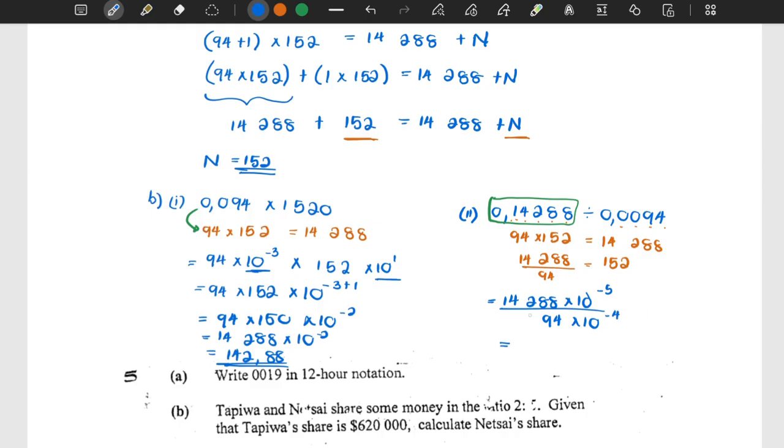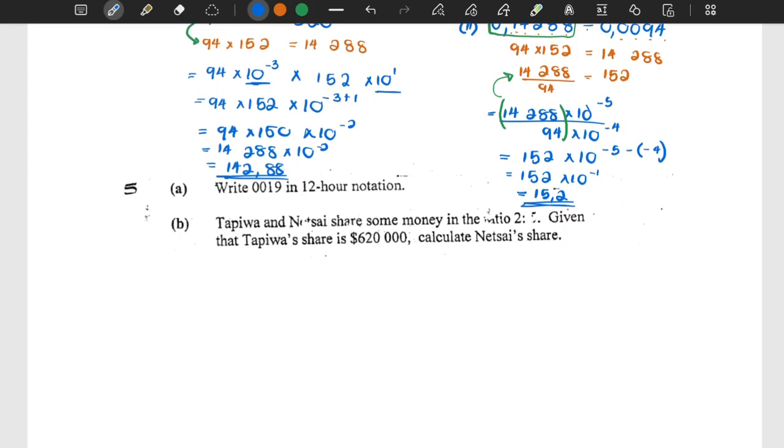So we're going to get 152 times 10 to the minus 5 minus 4, which is 152 times 10 to the minus 1, which is 15.2. And that's the solution. All right.